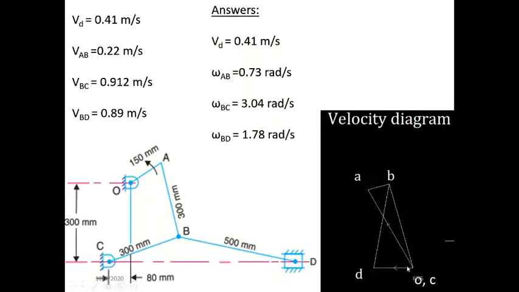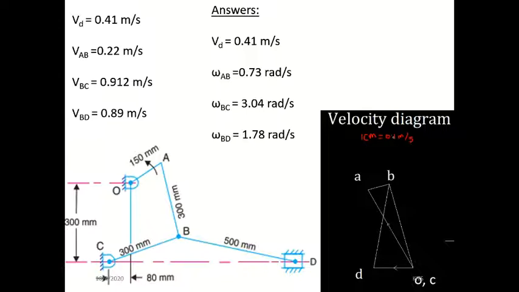You measure the distance O2D. Before that, what is the scale we have used? We have used 1 centimeter equal to 0.1 meter per second.